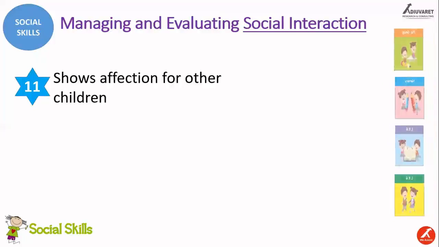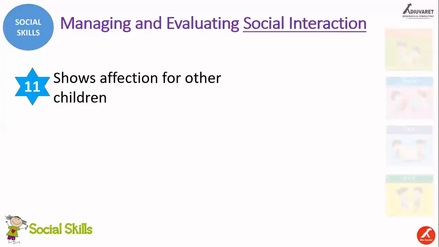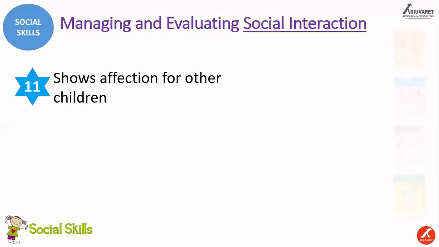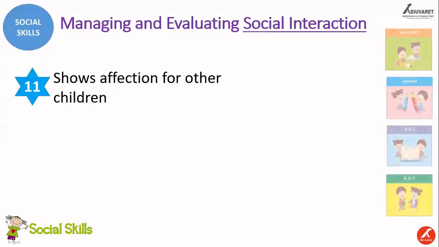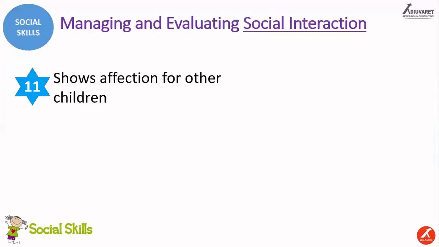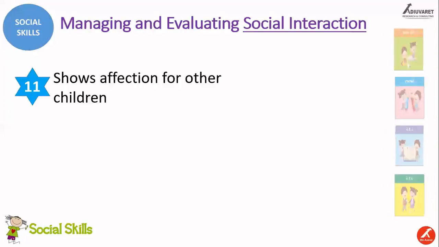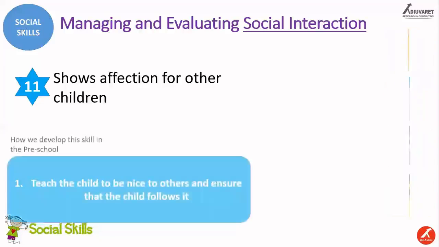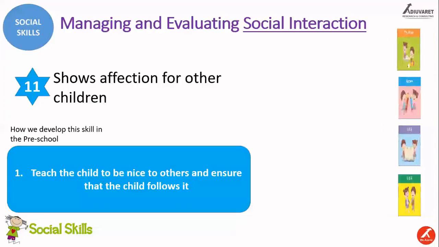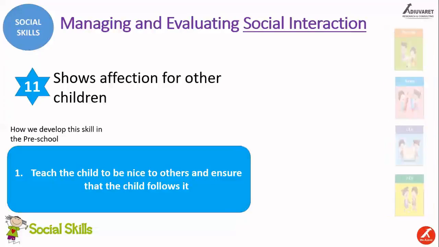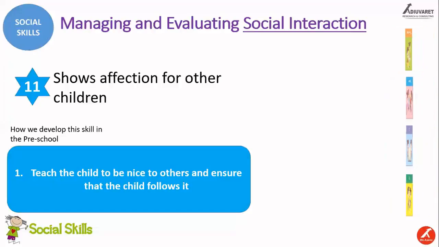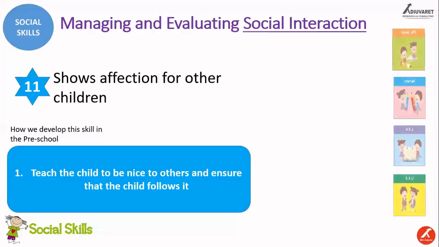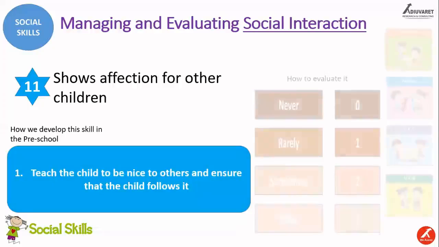I am 101% sure as a teacher, if you are aware that social interaction has a specific subskill that requires the child to show affection to other children, no matter the situation, then we can develop that. Whenever the child is deviating, we can ask the child to do that. That's what we need to do at school, make the child aware of this, and we can make role play as always. That's where Maria Montessori's play method talks about all of that.